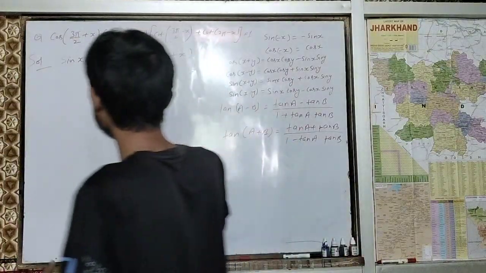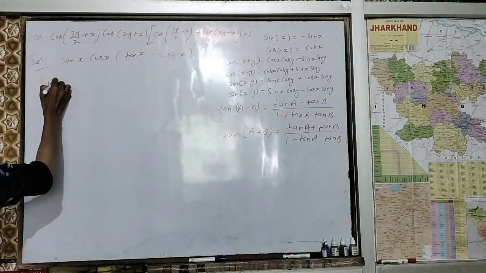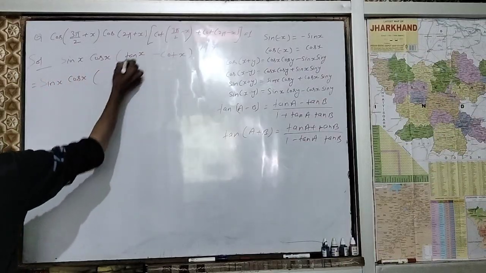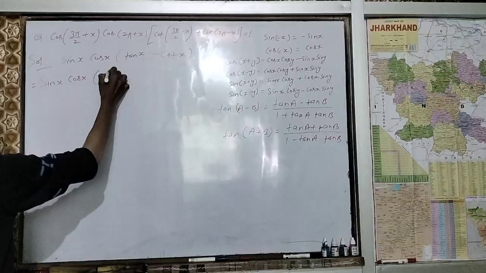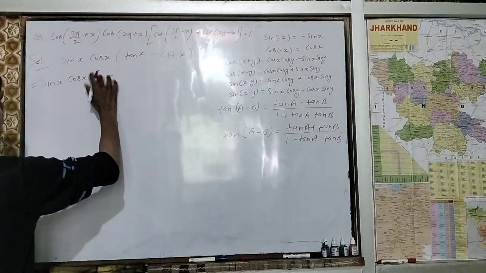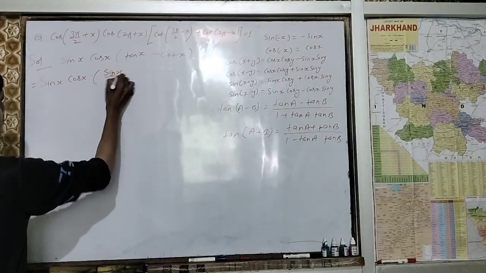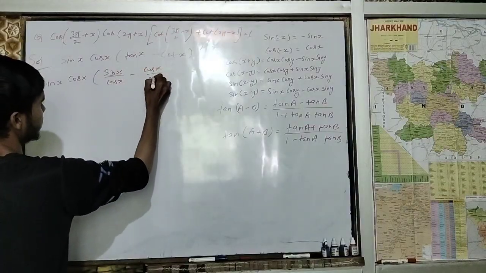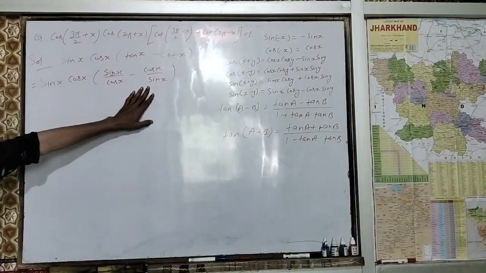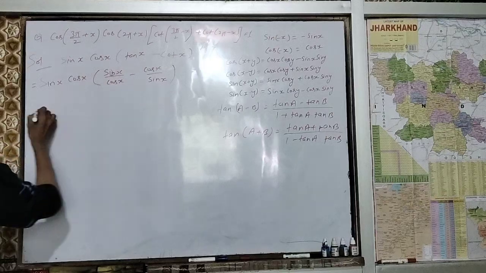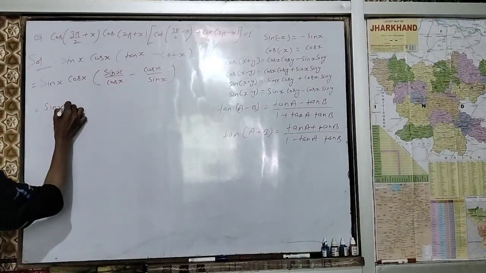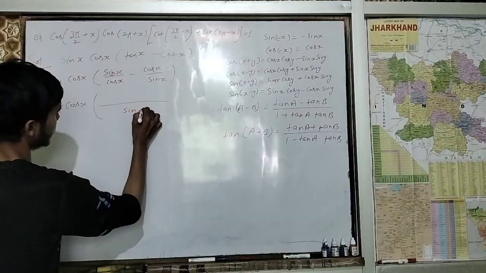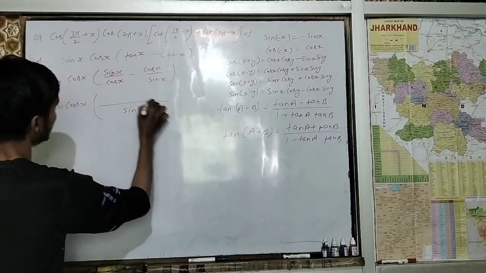We know that this is sine x into cos x, and here tan x can be written as sine x upon cos x minus cos x upon sine x. Here we need to simplify this fraction. Sine x cos x, okay, then here sine x into cos x.